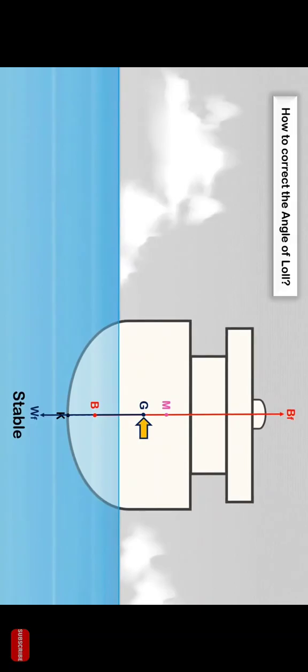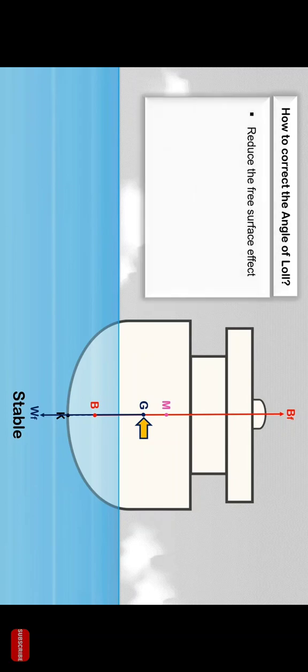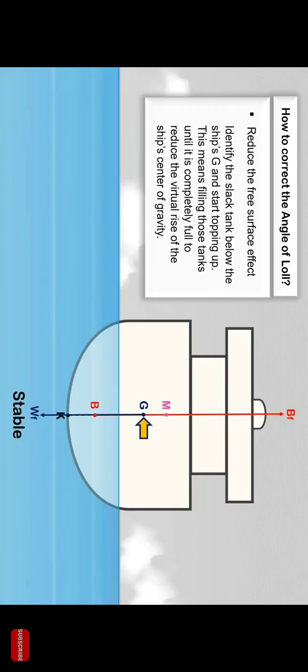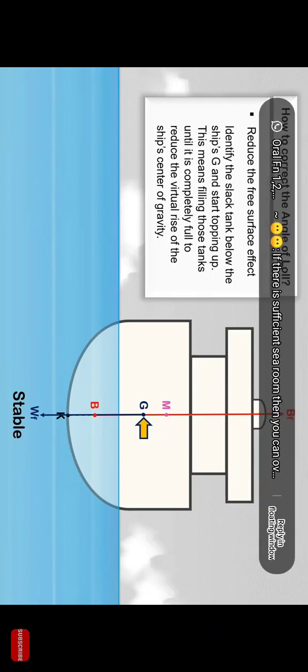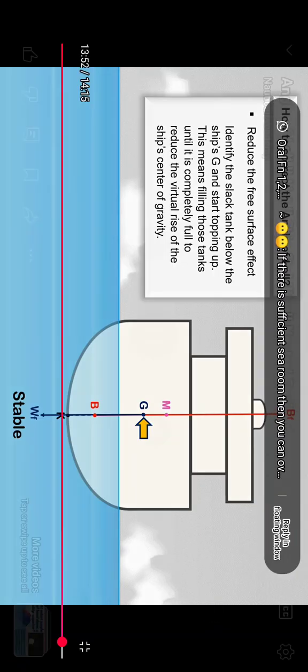Another way to correct the angle of loll is to reduce the effect of free surfaces due to slack tanks. Identify the slack tank below the ship's G and start topping up. This means filling those tanks until they are completely full to reduce the virtual rise of the ship's center of gravity.